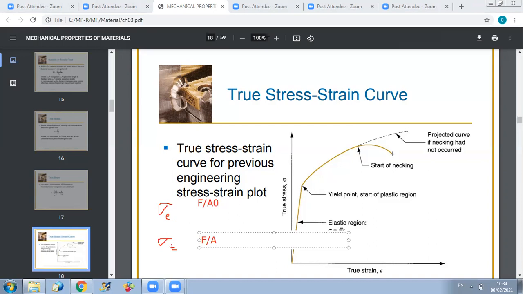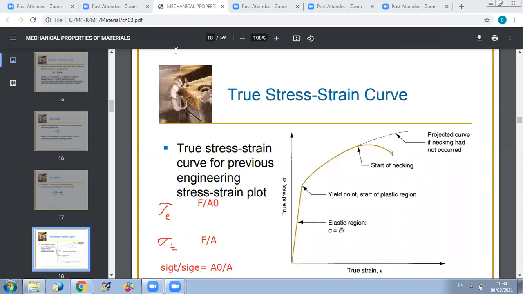Who will tell me which is higher in a tensile test? Very good. The true is higher. Why? Because if I take the ratio, I obtain that sigma true over sigma engineering is equal to A0 over A. And you know that in a tensile test the area will be reduced.